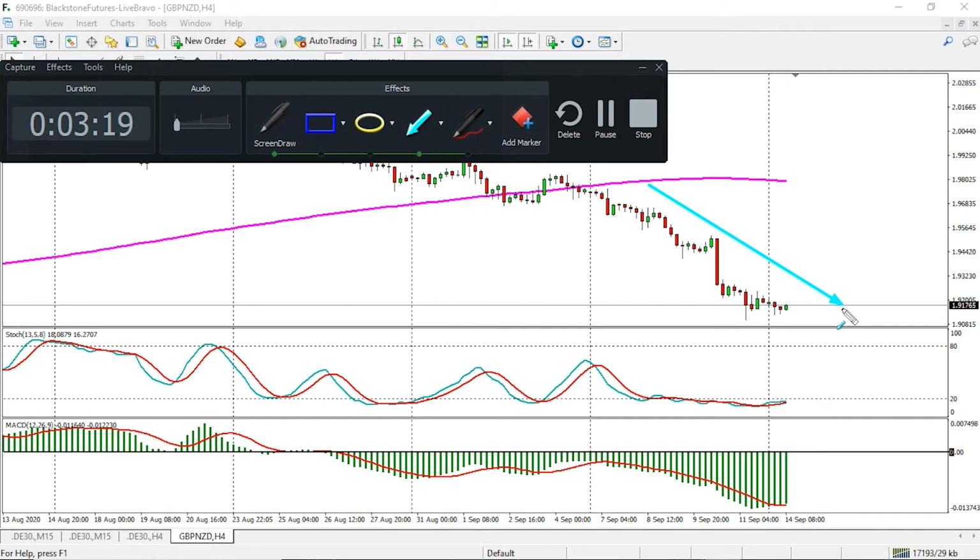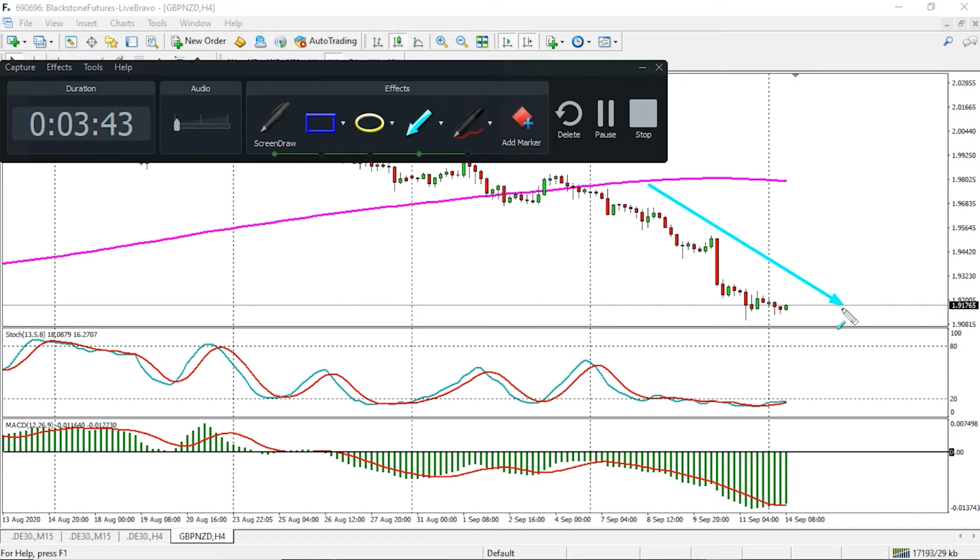The second thing that I'm looking to identify is the 4-hour chart and the hourly chart showing me a very similar picture. If price is below the pink line on the 4-hour chart, I need it to be below the moving average on the hourly chart.